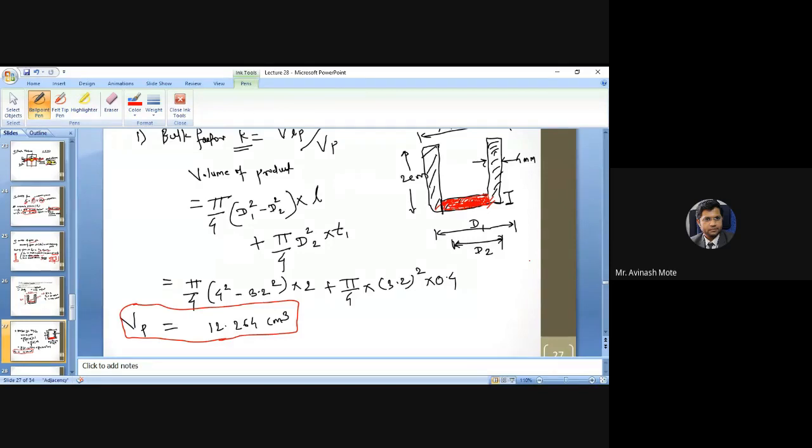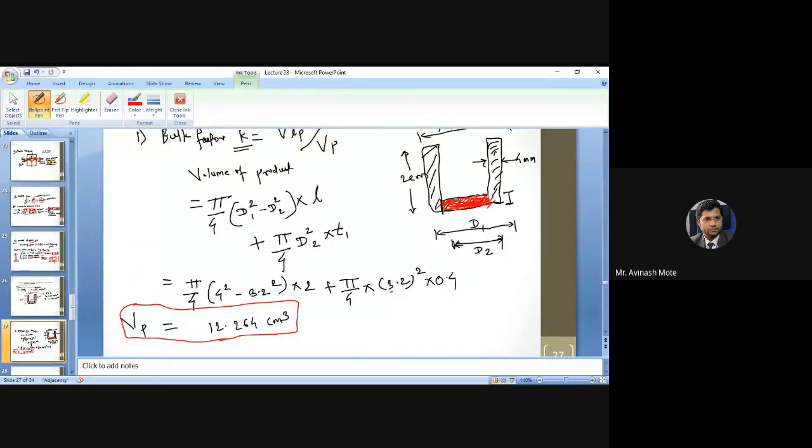Take care you calculate the proper volume, because there is a possibility that you will make a mistake, like here instead of 3.2 you may take 4. Don't make that small mistake, because this diameter we have considered in the larger part, in the vertical section only, so no need to consider it once again. So effective base only we have to consider. So the first part we got, the volume of the product, is 12.264 centimeter cube. And take care of the units also.